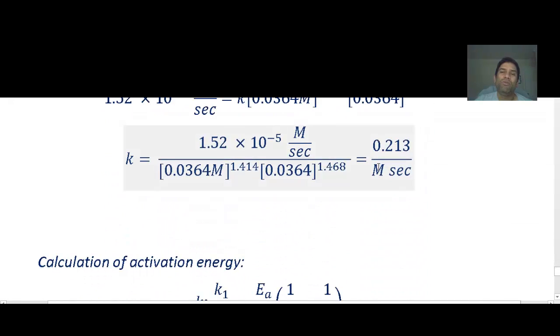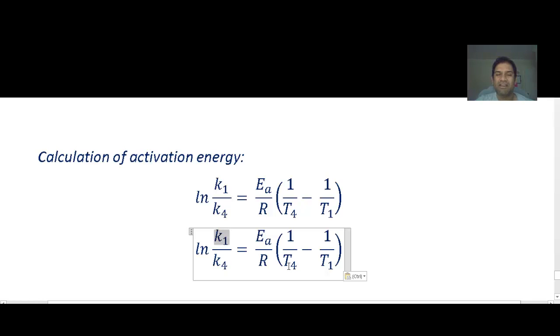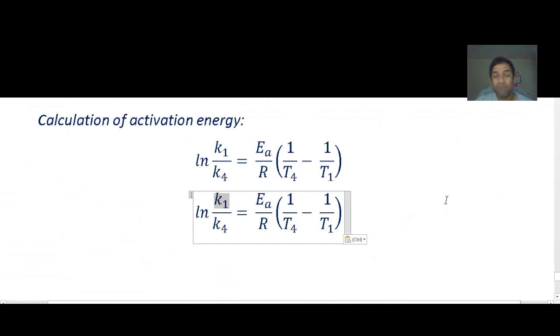There we go, 0.213. So let's plug in those values. Let's also plug in those temperatures. T4 is done at 35 degrees. The elevated temperature T1 is done at 23 degrees, I believe. So convert them to Kelvin. R is a constant, and let's plug everything in.